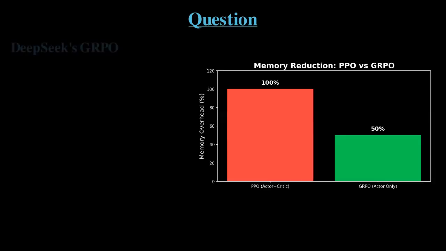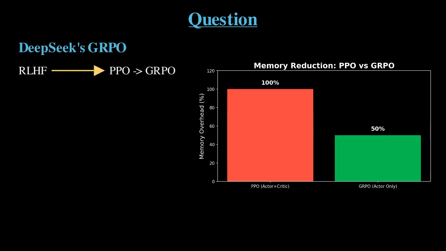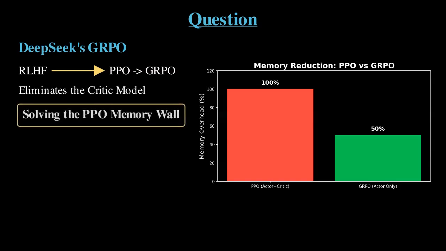Welcome. If you are training large language models using reinforcement learning, you have likely hit the PPO memory wall. Proximal policy optimization is the industry standard for RLHF, but it requires holding up to 4 massive models in memory simultaneously. DeepSeek introduced GRPO, or Group Relative Policy Optimization, to solve this exact bottleneck.